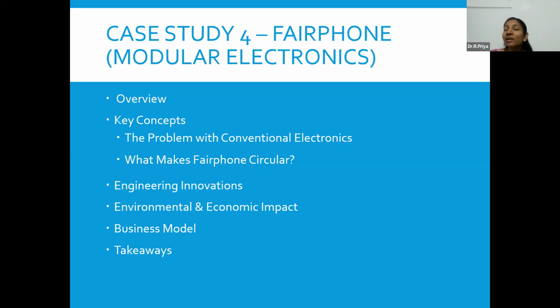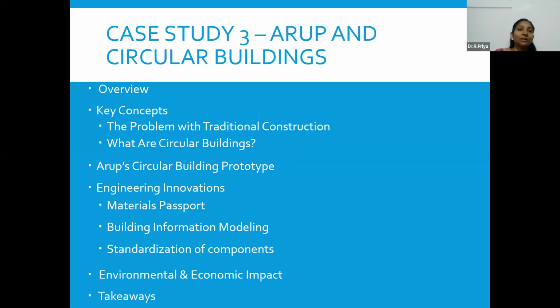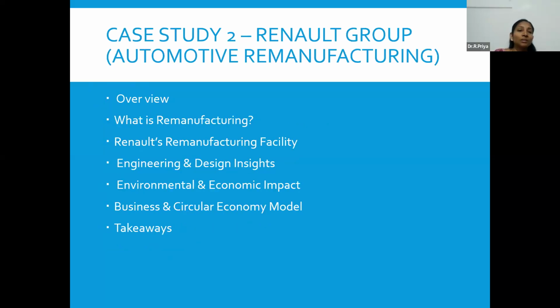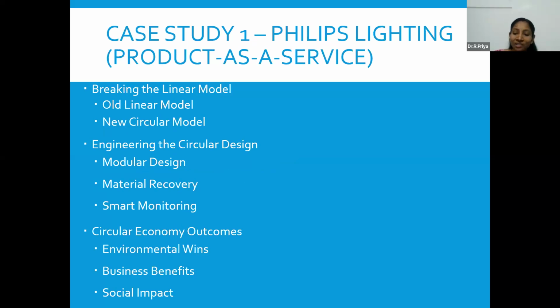Here I have given 4 case studies. One is from electrical, right? Second one is construction, right? Then what are the case studies? Please, anyone, tell me what sectors we have discussed in the case studies.